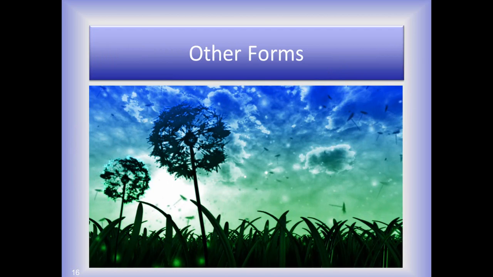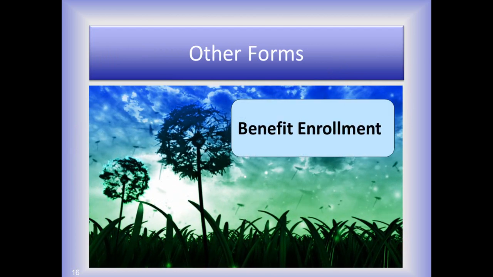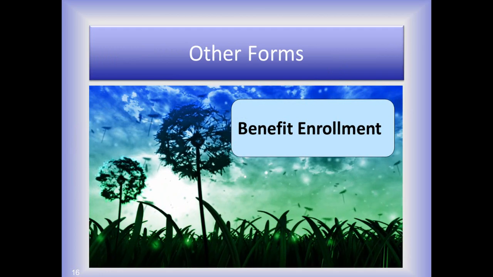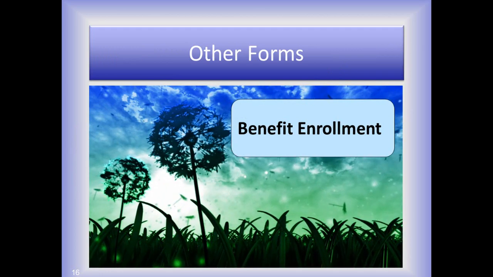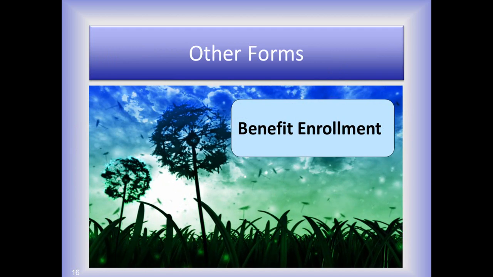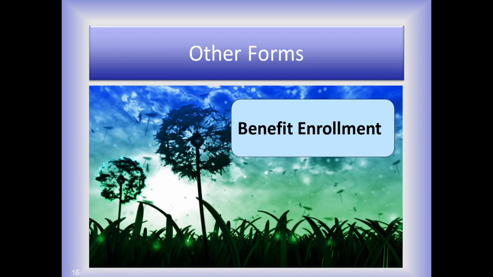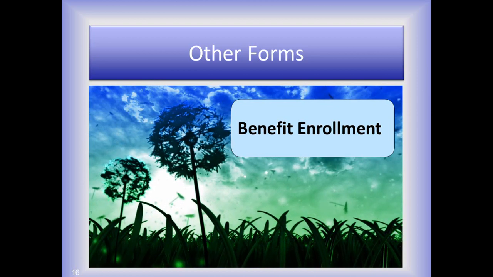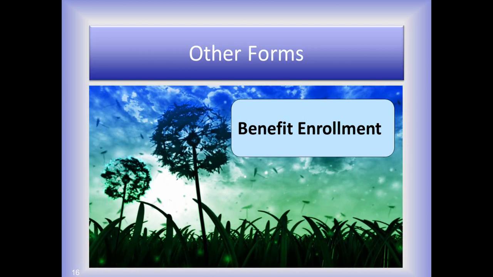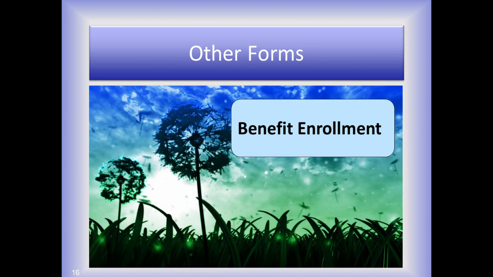Other forms. One of those other forms could be benefit enrollment forms. Provide employees with any required enrollment forms for benefits offered by the entity. Be sure to keep copies of each benefit enrollment form, original and any updated versions, in the employee's personnel file. This protects the entity from accusations of wrongdoing on the entity's part concerning any benefits.